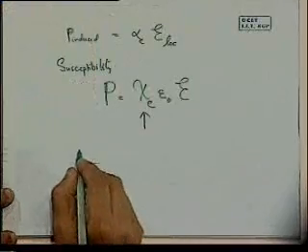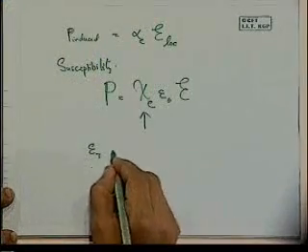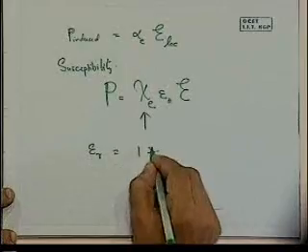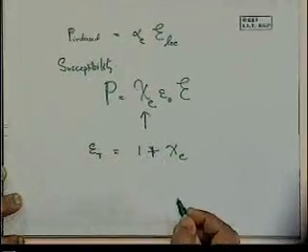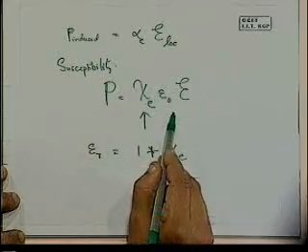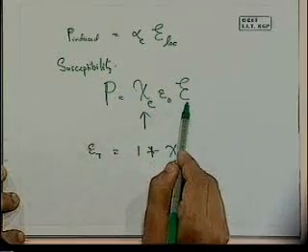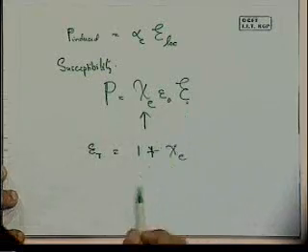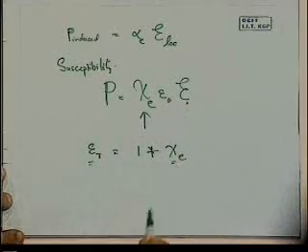So now what I can do is, I have epsilon r is equal to 1 plus chi e from before. Chi e is unchanged because I haven't changed anything in this definition of chi e. This is still the applied field and not the local field. So this remains the same.